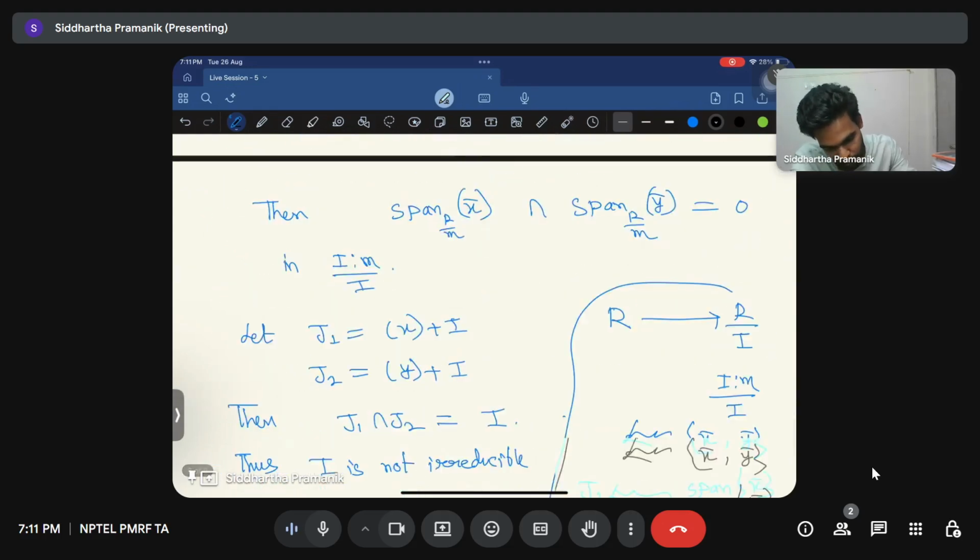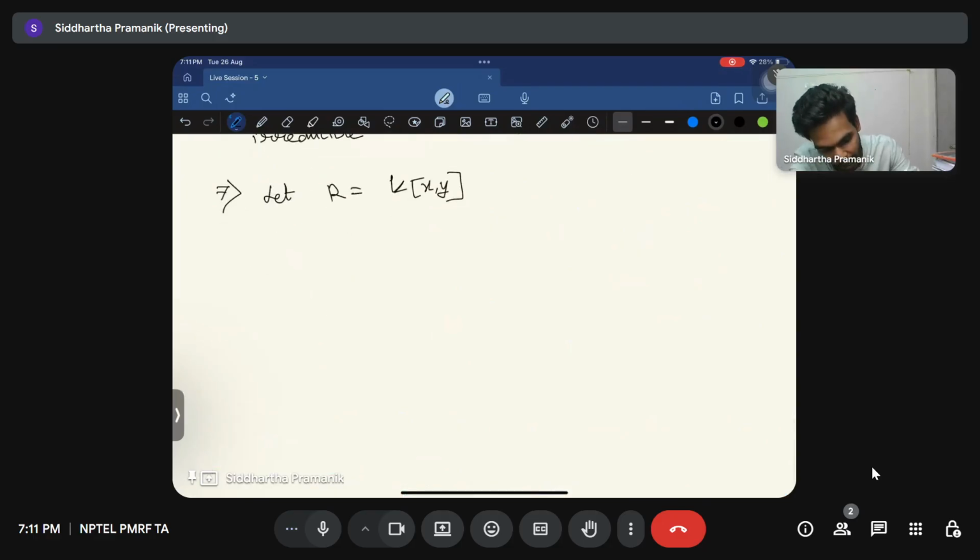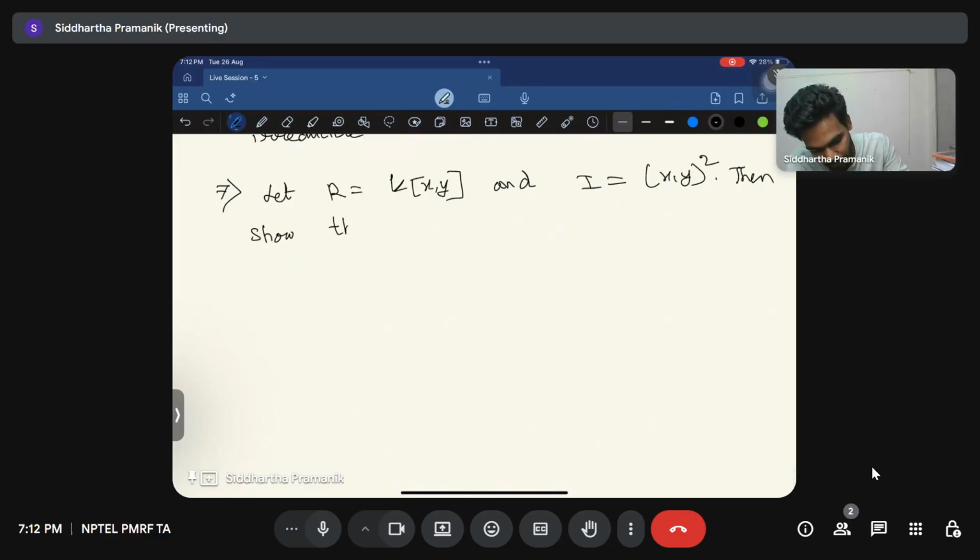So now we can use this. Let R be this ring and I be the ideal generated by x y, its square. Then show that I is primary but not irreducible.